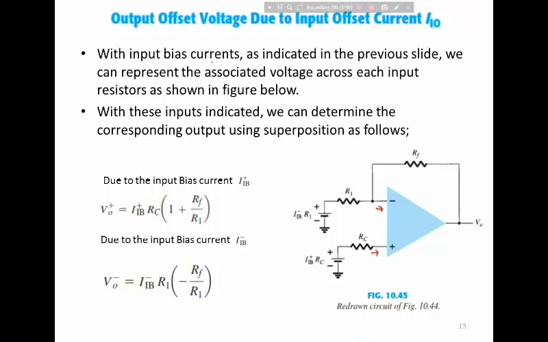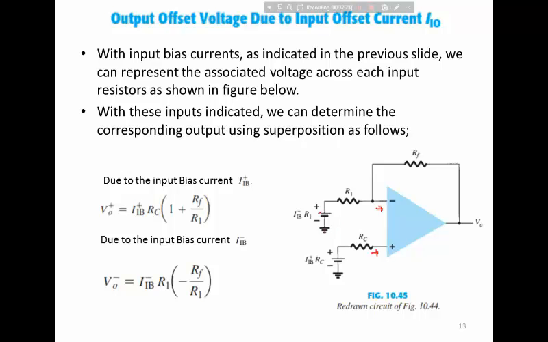So with input bias currents as indicated in the previous slide, we can represent the associated voltage drop across each resistor as shown in the figure. These are the voltage drops across each resistor, and with these inputs indicated, we can determine the corresponding output using superposition.